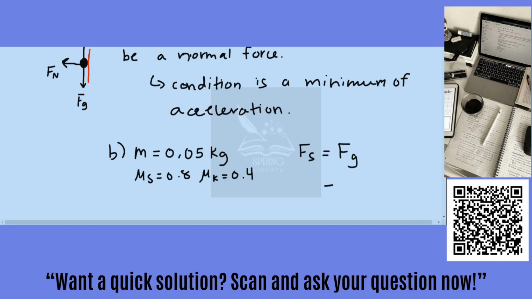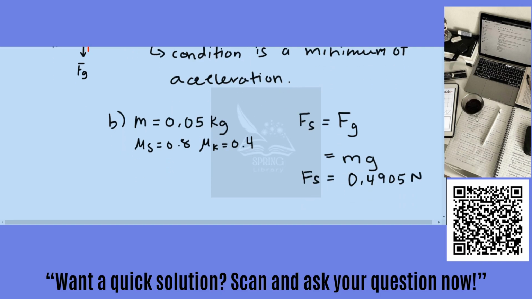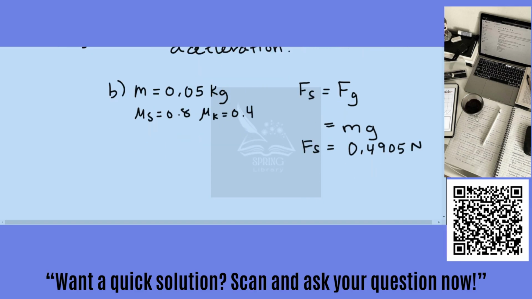Well, gravity is going to be equal to m times g. And so the static friction force that we need is 0.4905, the value of gravity on this object. Once we have the static friction force, we can then calculate the required normal force, right? So we know that the static friction force is equal to mu s Fn.